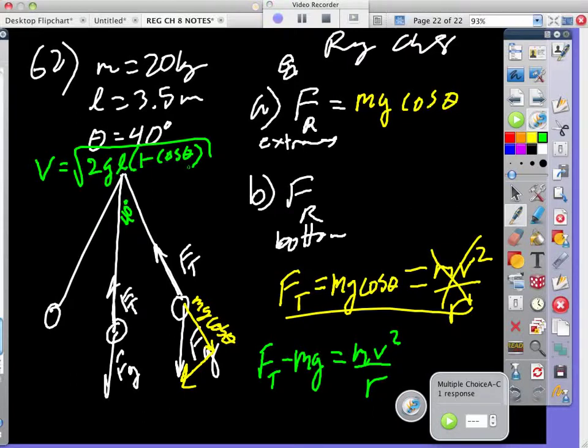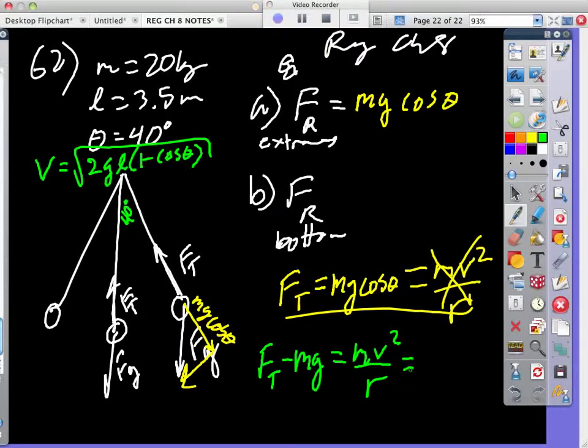Okay, so that means Ft minus mg is equal to m times 2gl times 1 minus cosine theta over r. So then, do you see where that brings us?